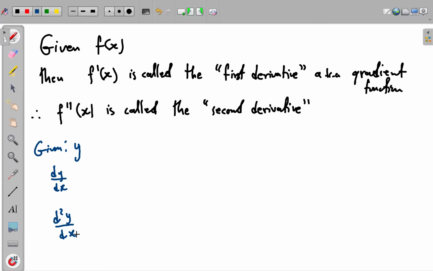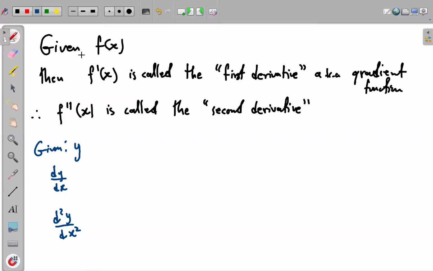So it's quite important to actually note how these different notations are used right through the board. So please just be aware of that. I think I left an X squared here. That's how they represent the second derivative in terms of dy dx notation. Okay.